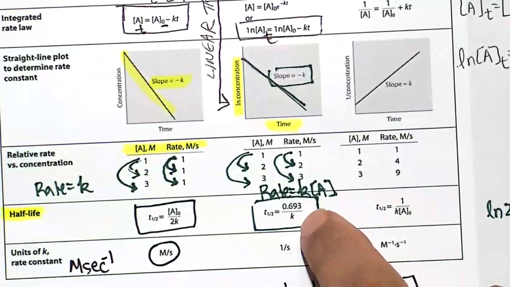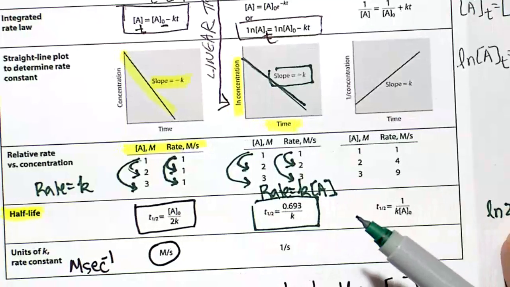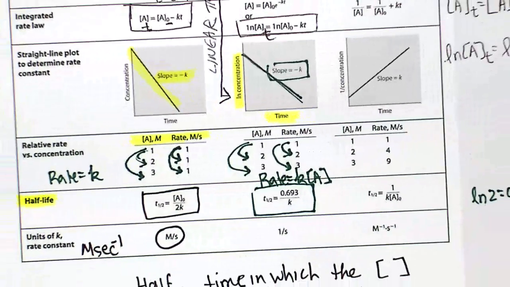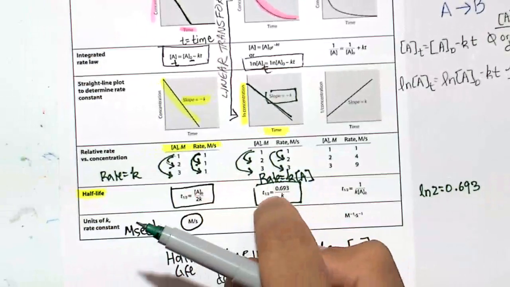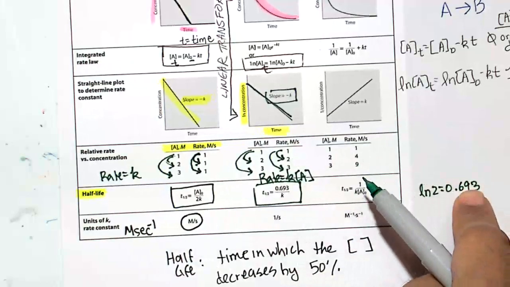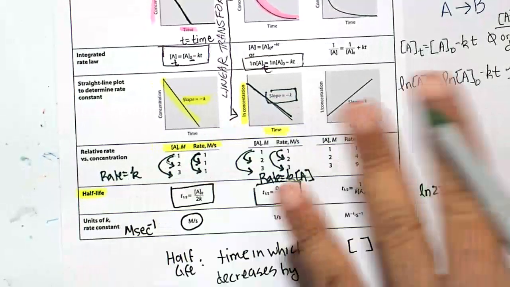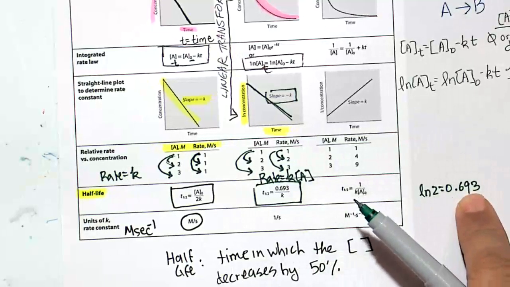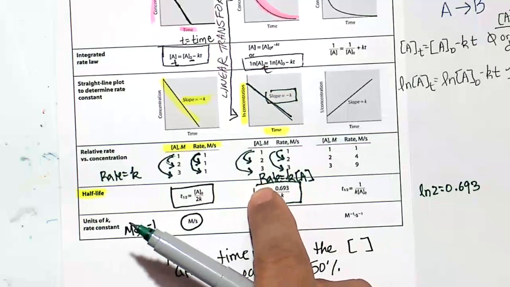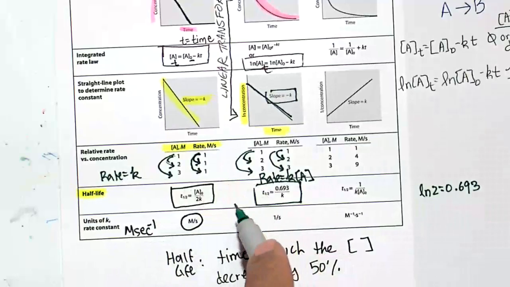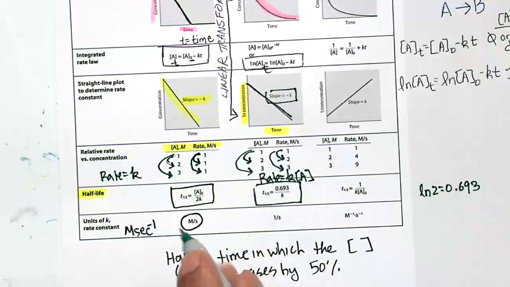I had a student last semester who asked, why are you telling me this? She had 0.693, and then I'm putting natural log of 2. It's the same thing. Natural log of 2 is 0.693, so they put 0.693. So 0.693 over K.